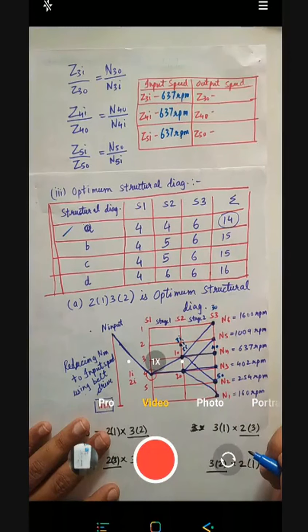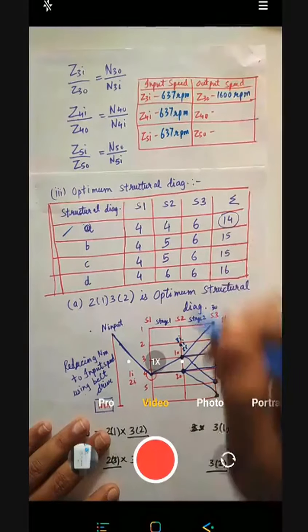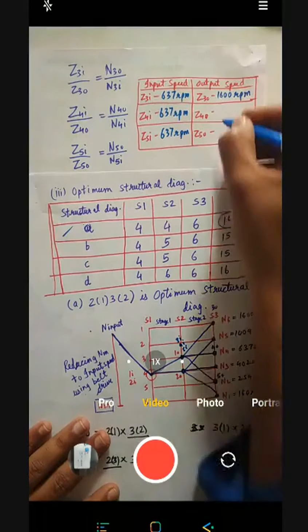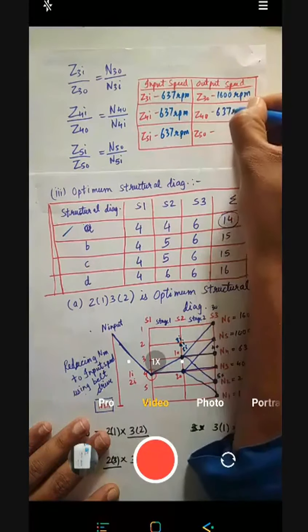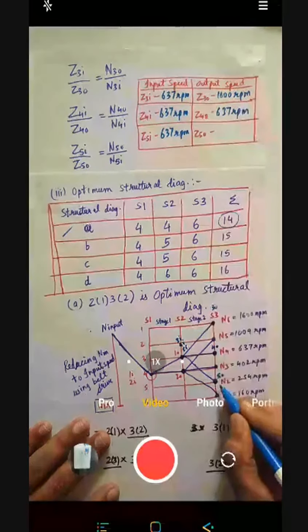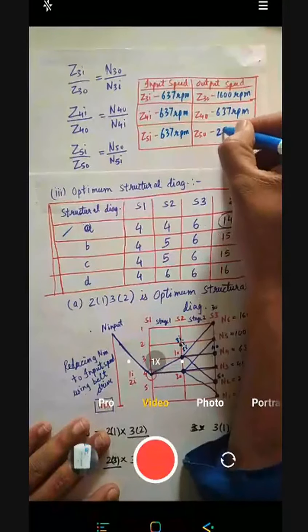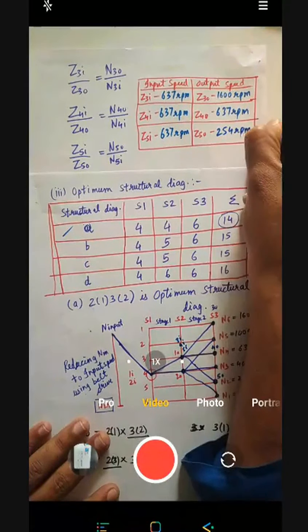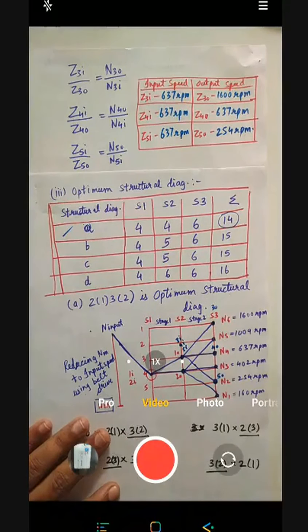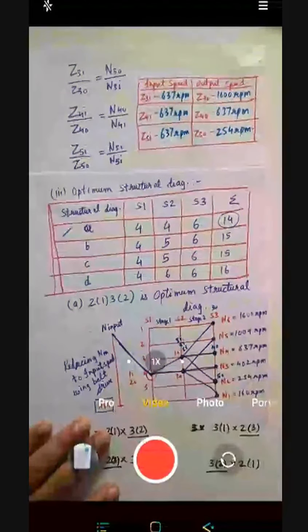So the 3 output value is 1600. 4 output value is 637. And the 5th output value is 254. ठीक है? Getting it? You take this as the input, this as the output, no problem.